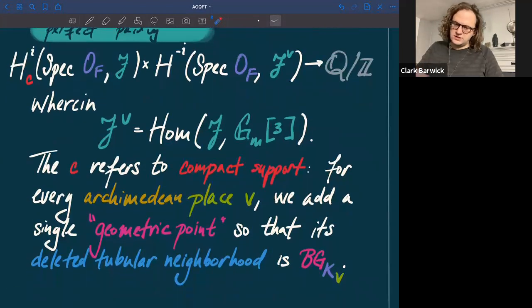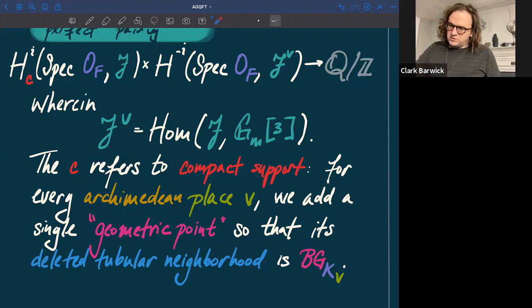Right. So there's this compact support business here, and the compact support has to do with the fact that we're really going to take Spec O_F and compactify it by adding in the Archimedean places. To do that, we essentially add just a single geometric point for every Archimedean place. And how do we add it on? Well, in order for me to add a point onto an open manifold or object, I need to tell you what its deleted tubular neighborhood is.